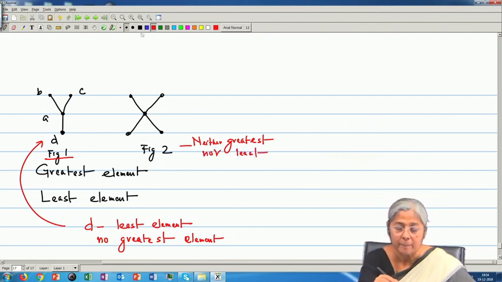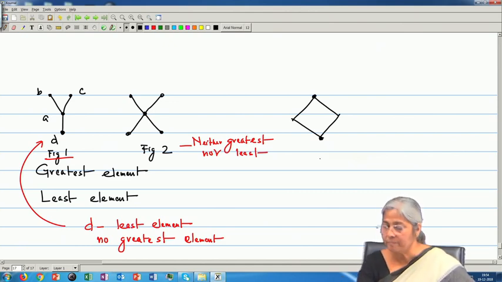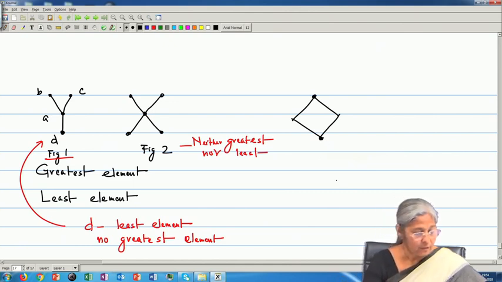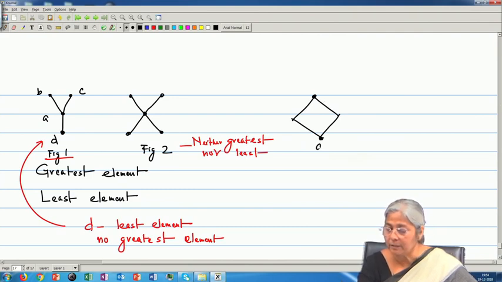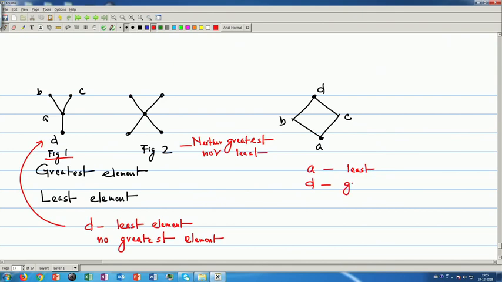But for the type of diagram we have seen in our power set Hasse diagram, if it is A, B, C, D, then A is the least and D is the greatest element.